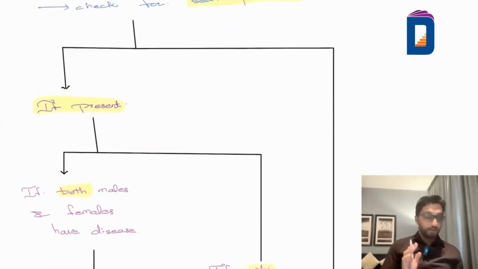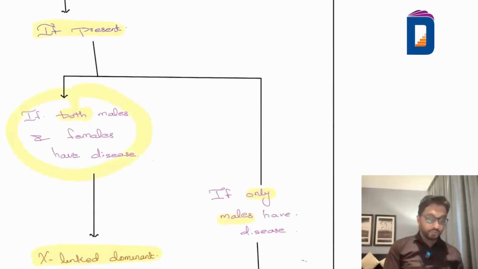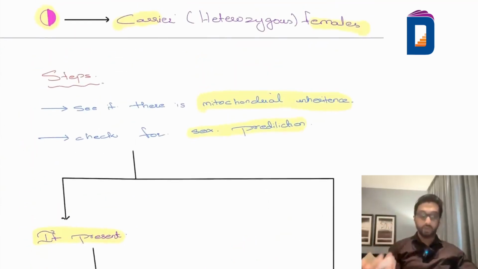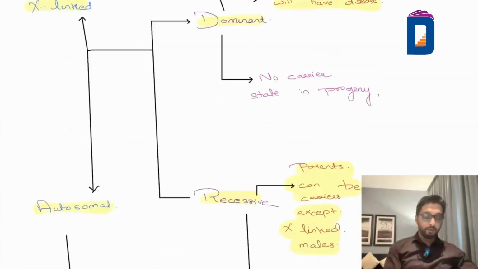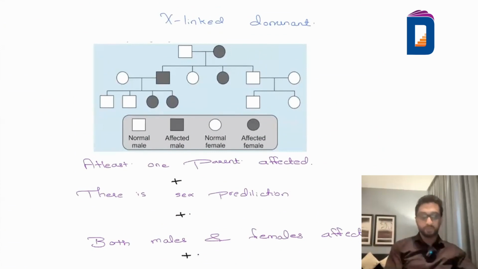If sex predilection is present, then only we go to this option: both males and females are affected, or only males are affected. But how do you know if there is a sex predilection? You have to check that first. Is there a sex predilection or not? You see the number of people affected, is there any disproportion?